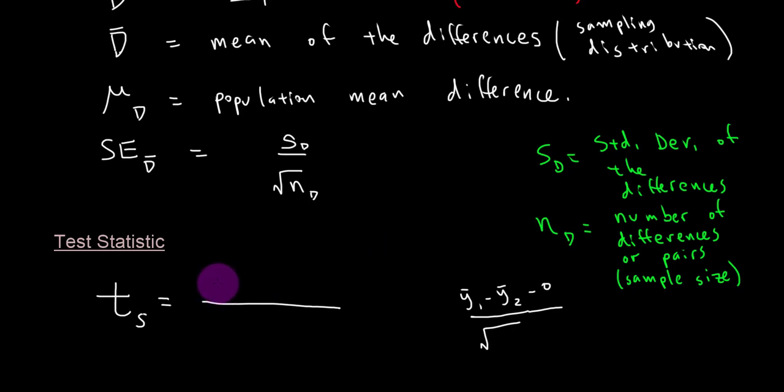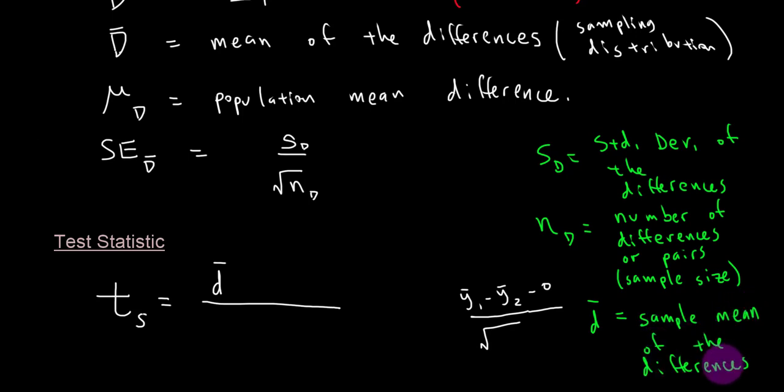So over here I'm going to actually write D with a bar, which means I need to define that over here. D with a bar is the sample mean of the differences. And technically there's also a minus 0. And downstairs we have the standard error. It's the s over square root of n as applied to the differences.